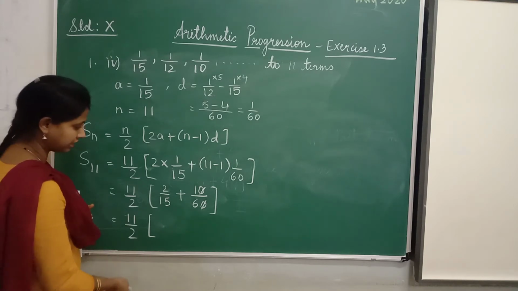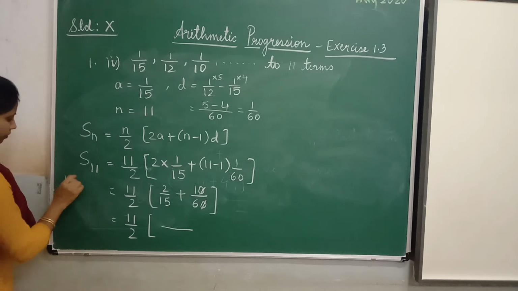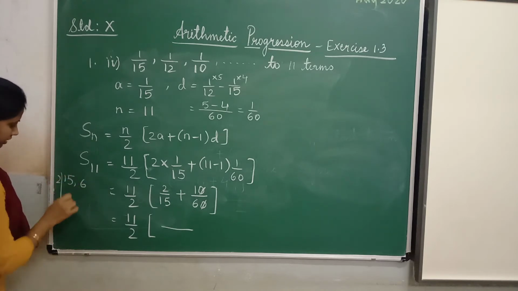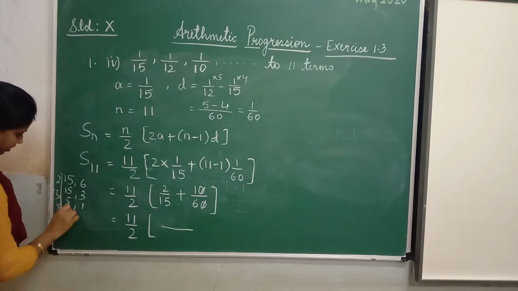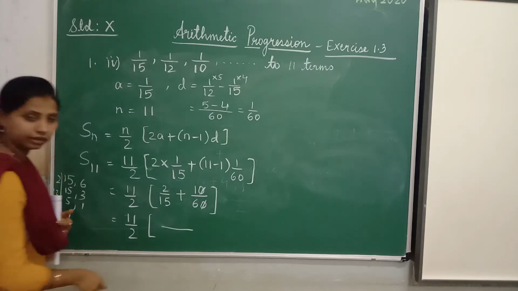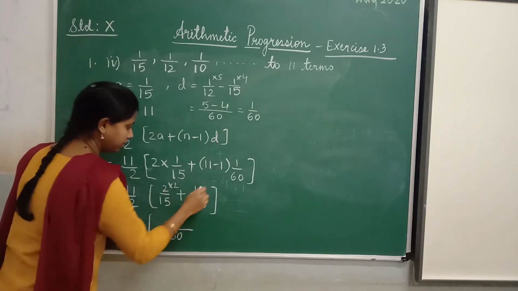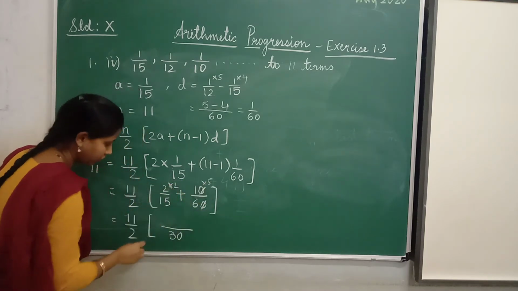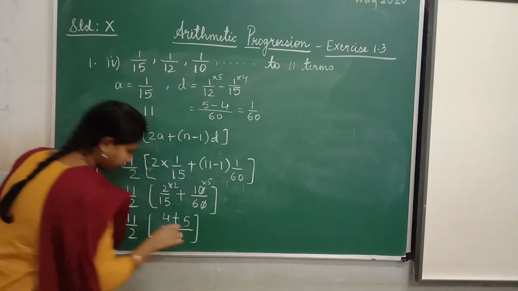Now again take the LCM. The LCM of 15 and 6. So it is 2 to 6, 6 5 are 30. LCM is 30. Okay. So 15 2s are 30, 6 5s are 30. Okay. So it is 4 plus 5.